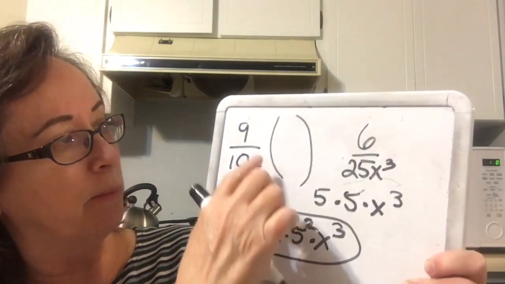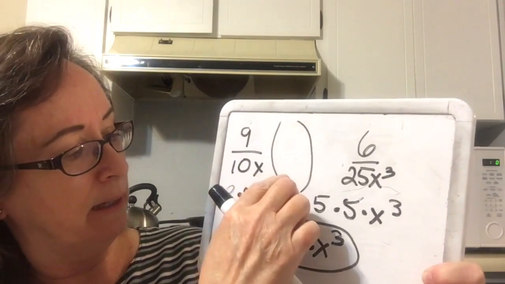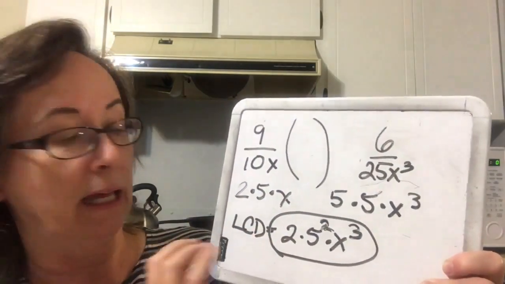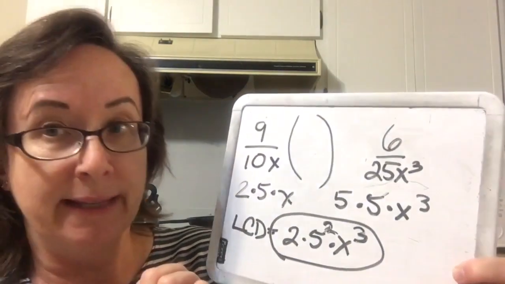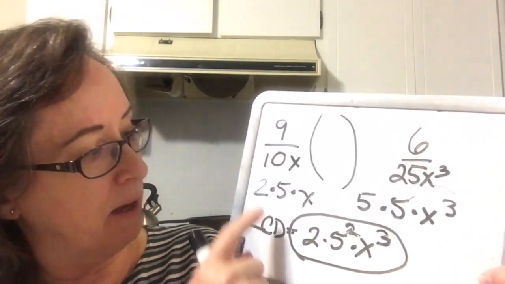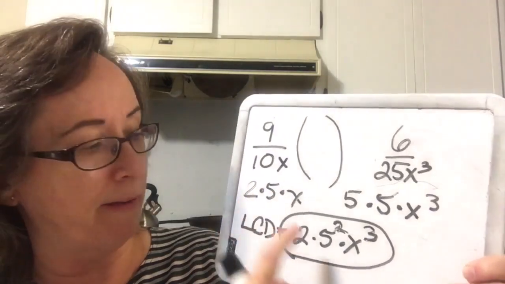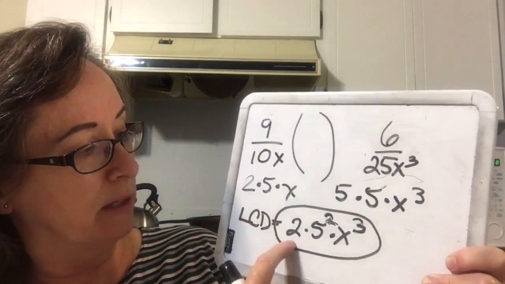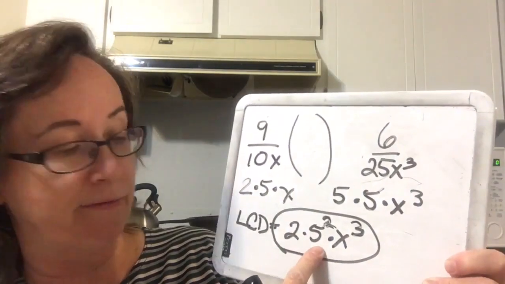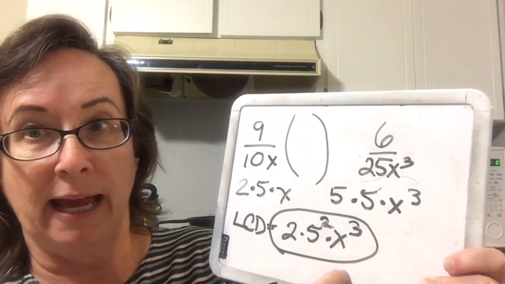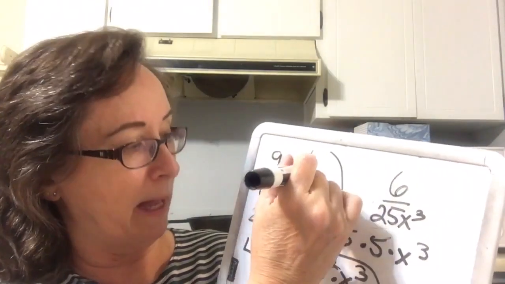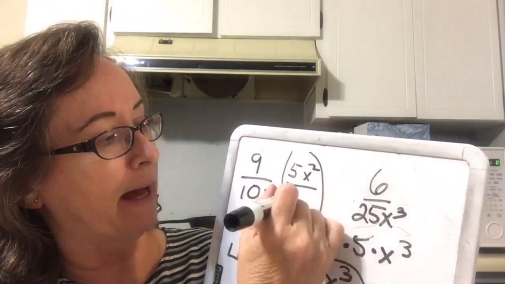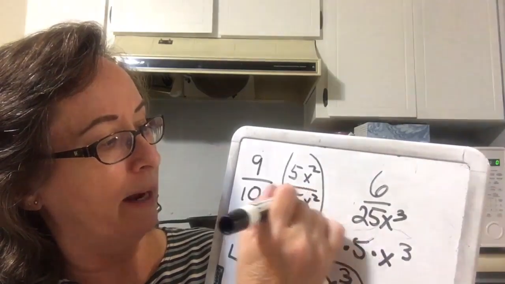So now I'm going to multiply by 1 in some form in order to get the common denominator. And this is where I look for what is missing between the old factors and the new factors I'm trying to get to? I've got the 2. I need one more 5, and I need x squared. So I'm going to multiply by 5x squared over 5x squared.